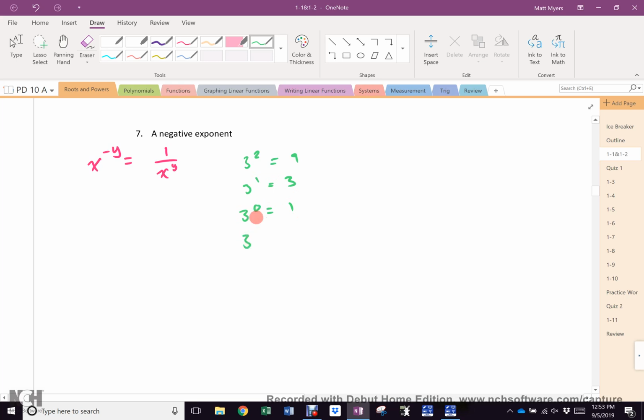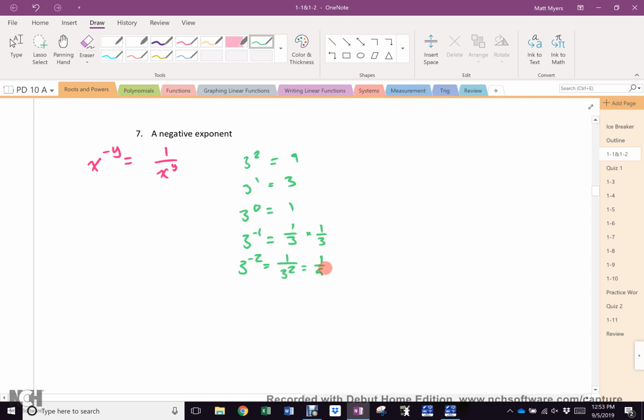So logically, what's the next exponent? Negative 1. So I would divide this by the base, which is 3. So it would be 1 over 3. Logically, 3 to the negative 2: take that and divide it by 3. So that divided by 3 is the same as times 1/3, which is 1 over 3 squared, which is 1/9.